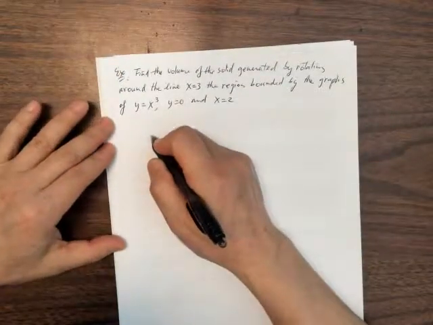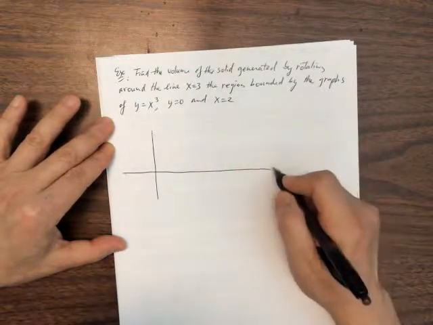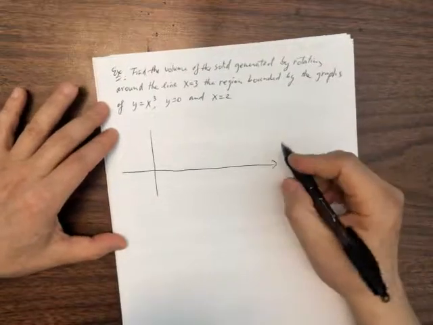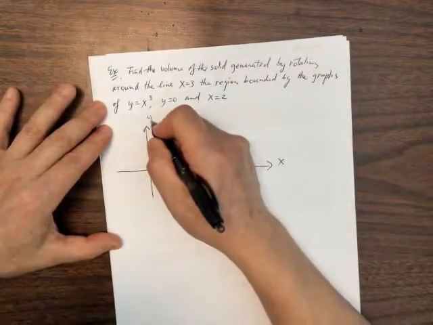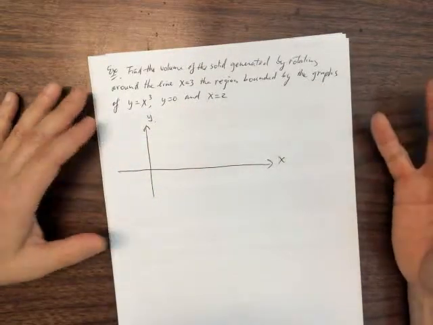X equal to 3 is a little more toward the right side of the x-axis. Because of this, I realize I better have more room on this side so we can see the graph and the revolution. If you can realize this before you set up the coordinate system, that's better.